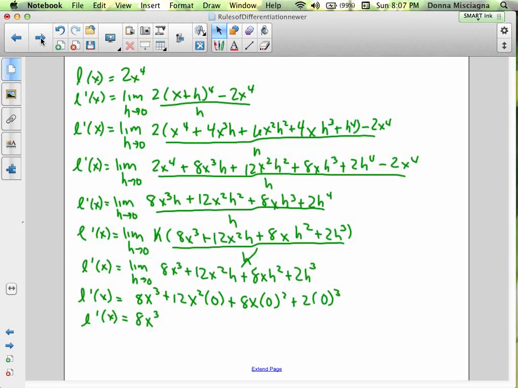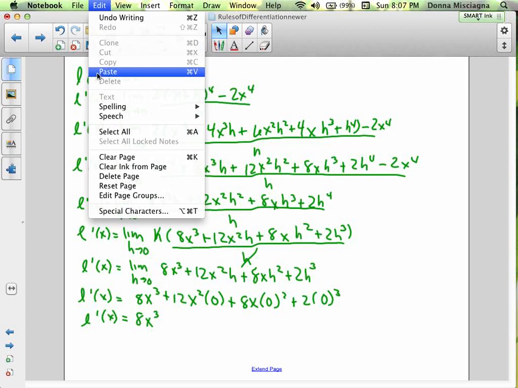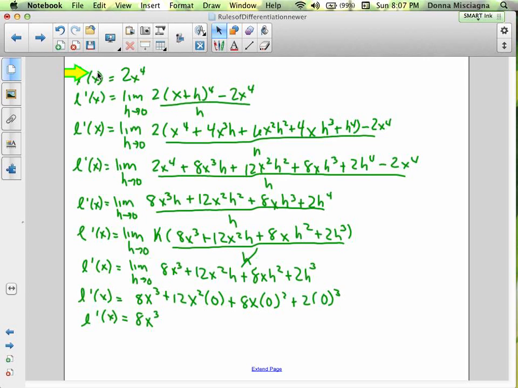So x plus h to the fourth power, that would be the limit as h approaches 0 of 2 times x to the fourth plus 4x cubed h plus 6x squared h squared plus 4x h cubed plus h to the fourth minus 2x to the fourth, all divided by h. I distributed the 2. Oh, I forgot my little arrow. Here he is, and he even matches kind of nicely. All right, so I just don't want to move.